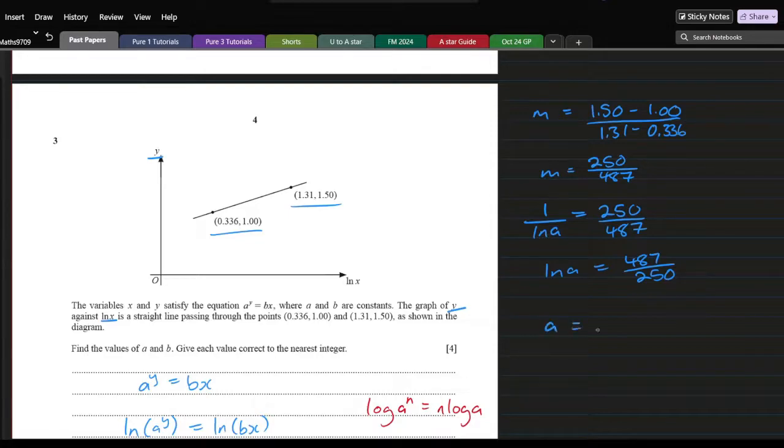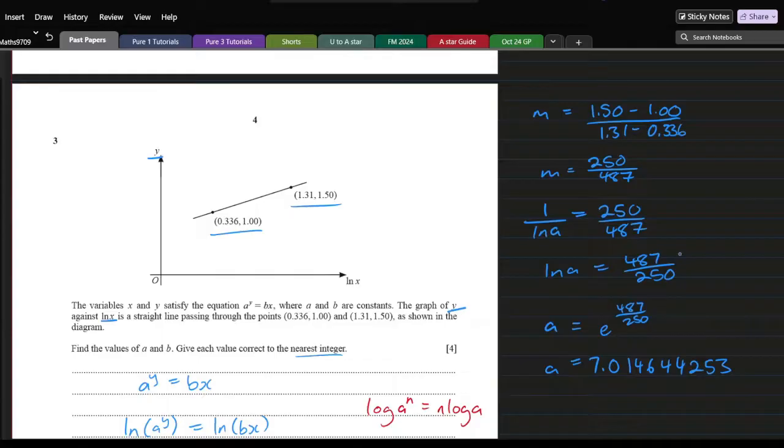So a would be the exponential of 487 over 250. Let's punch this into the calculator, e to the power of 487 over 250. We wanted it correct to the nearest integer, but I'll just give the calculator display for now, 7.014644253. This is what a is.